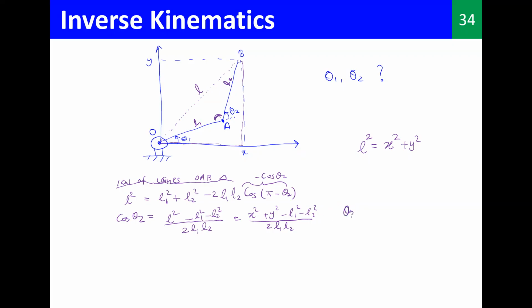Therefore, theta 2, now we found theta 2, is cos inverse. Let me call this whole thing Q, so cos inverse Q. Now, can you find theta 1? Again, it is not straightforward.